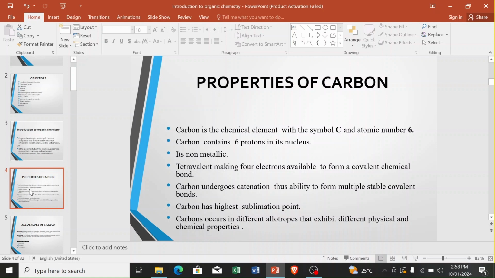So those are basically our properties of carbon. We have highest sublimation point, it exists in allotropy, undergoes catenation, and we are going to look at what catenation is and how this carbon as an element of the periodic table undergoes catenation. Tetravalent, making 4 electrons available to form a covalent chemical bond, and then the non-metallic property.